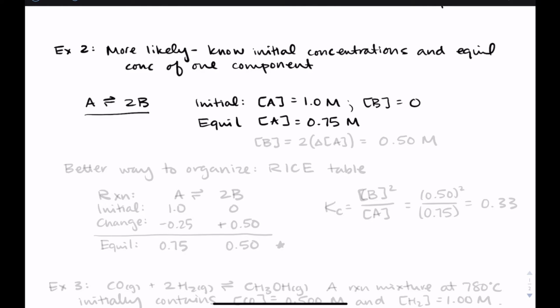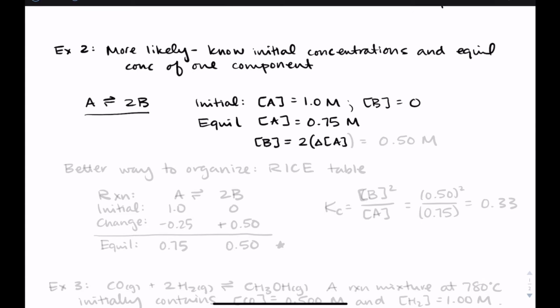Now, if I know essentially how much of my A was used up, I can figure out how much B was made because I have a balanced reaction, right? I have coefficients that tell me the mole ratios of how these things react with each other. So at equilibrium, the concentration of B is 2 times however much A I lost.